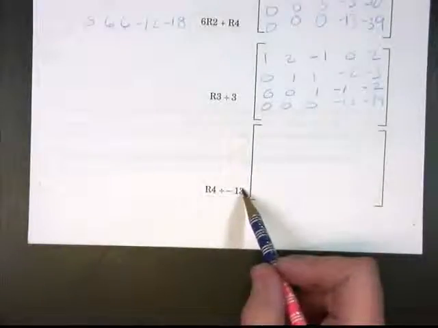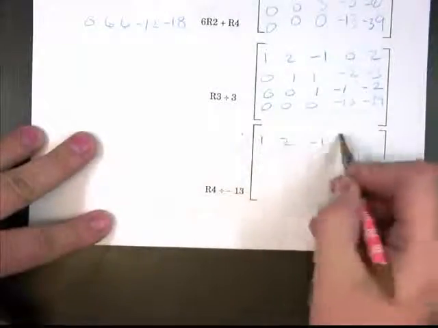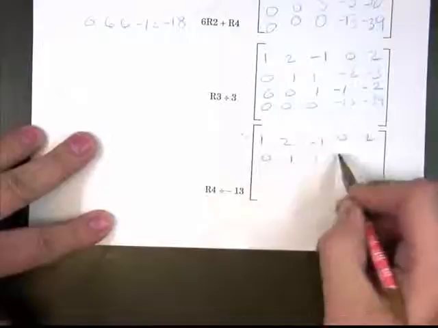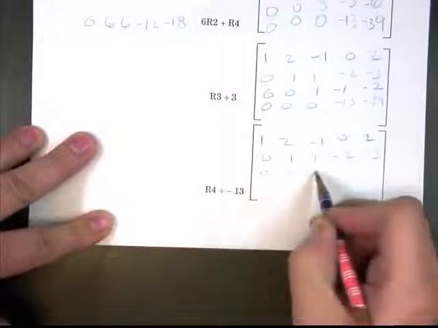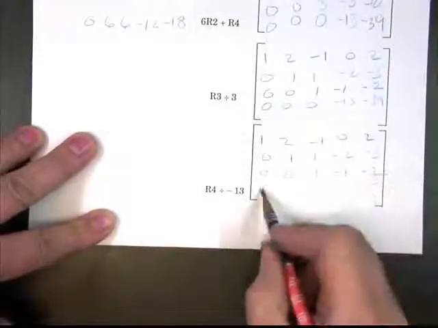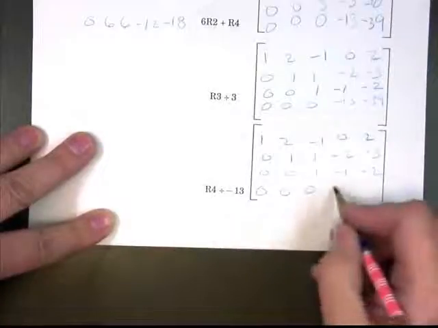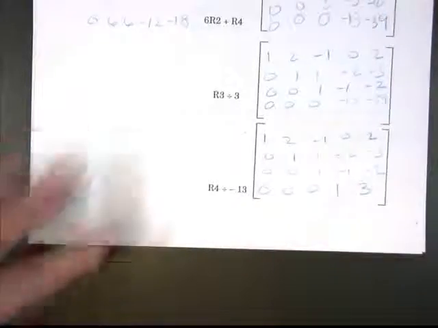Next one says row 4 is divided by negative 13. So the rest of them are not changing. Divide by negative 13, we get 1 and 3.